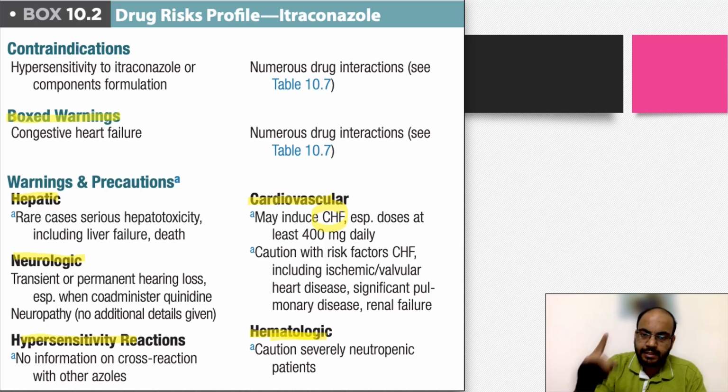Remember the non-fungal use, we learnt that itraconazole leads to decrease in neutrophil migration, and that is how it treats palmoplantar pustulosis. So it can cause severe neutropenia, so you have to be very careful in patients who already have neutropenia.